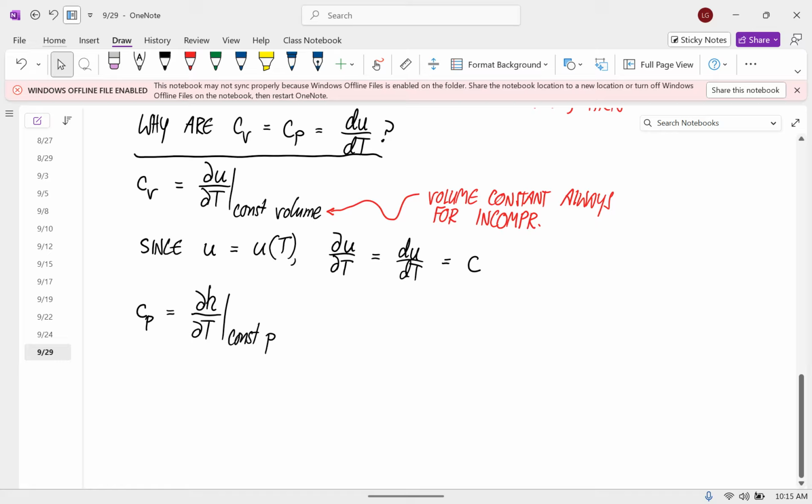Pressures can change. But let's break up specific enthalpy into its definition. So C sub P is equal to the partial derivative with respect to temperature of the definition of specific enthalpy, which, remember, is specific internal energy plus PV. And we're still doing this for a constant pressure.